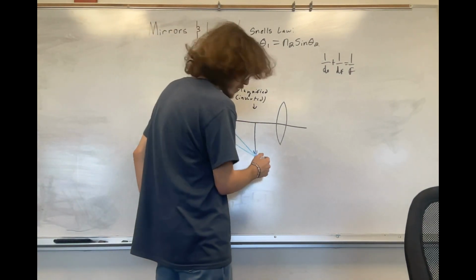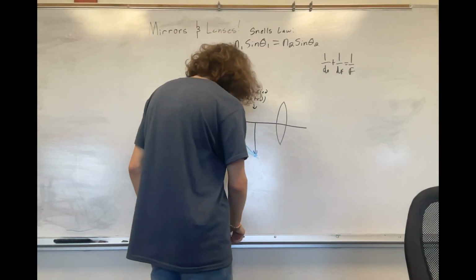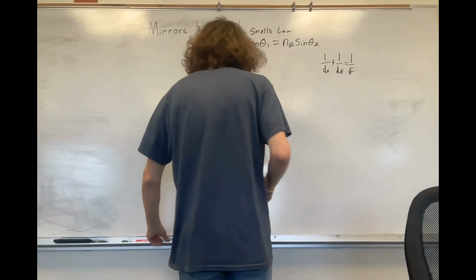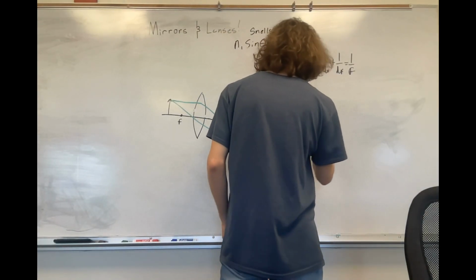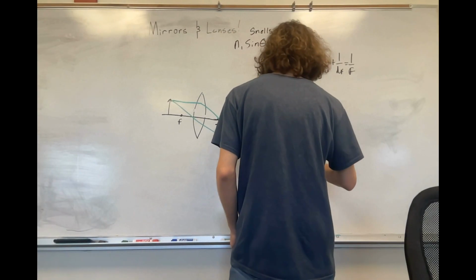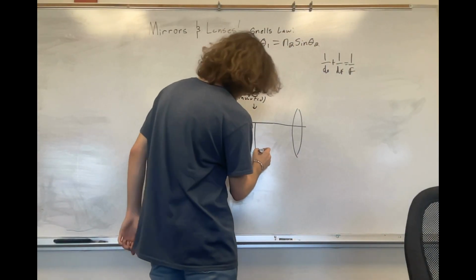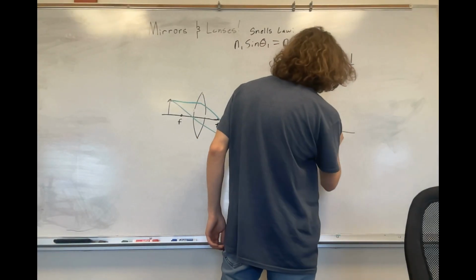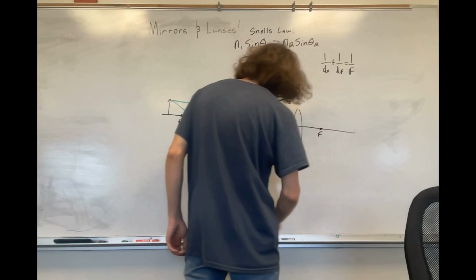Okay, this one is going to be tricky. I got to do it backwards, it seems. Let's consider a different lens position. I don't like how this is shown. Maybe something like that. So let's say it hits the lens, and we have a focal point here.